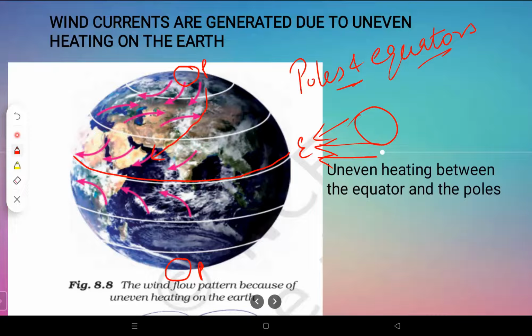In this way, wind circulation is set up from the poles to the warmer latitudes. Do you understand this concept? This is just like the convection process in sea breeze and land breeze.